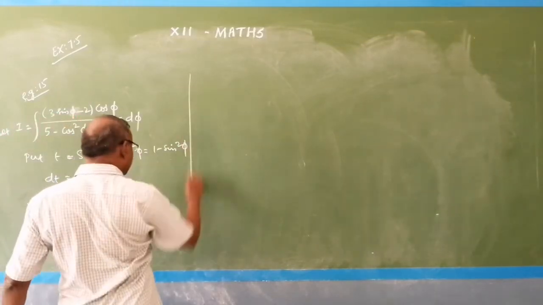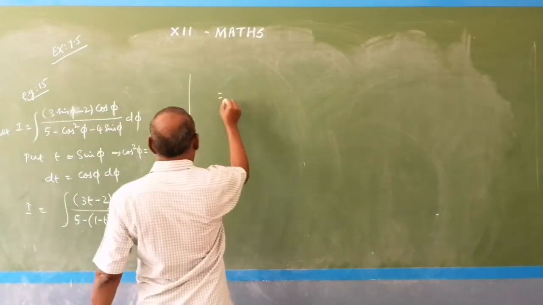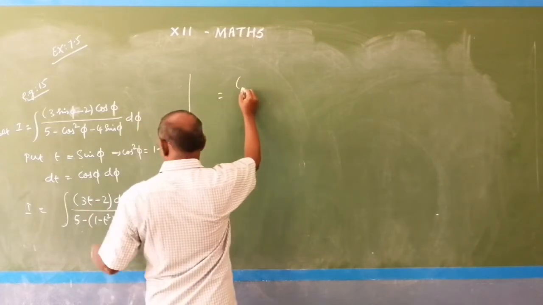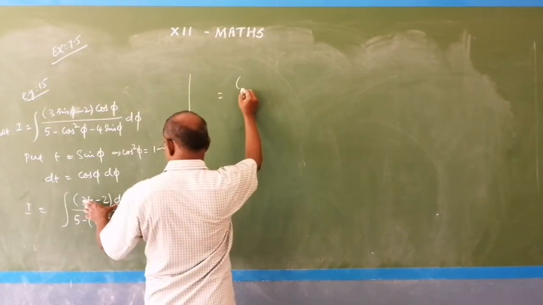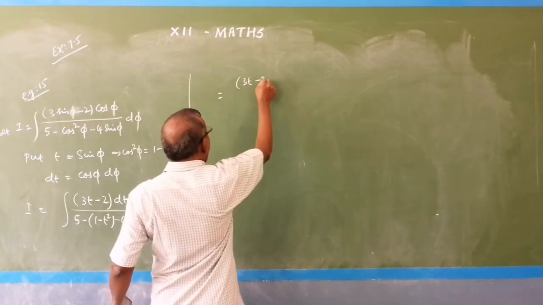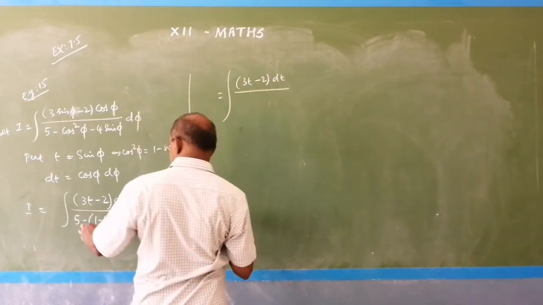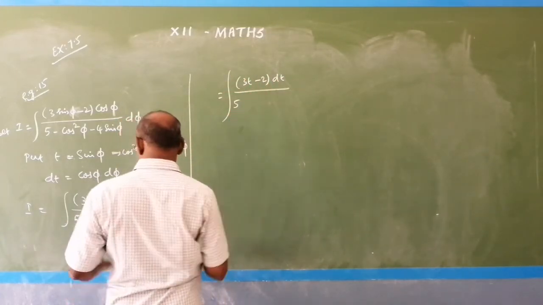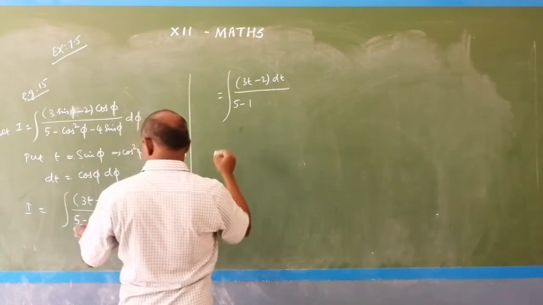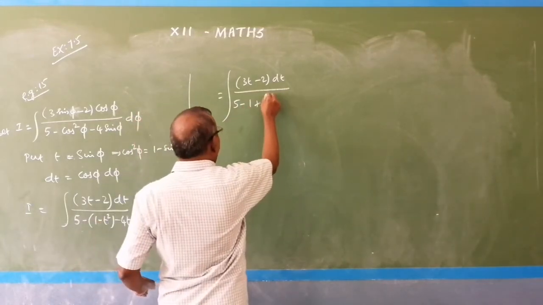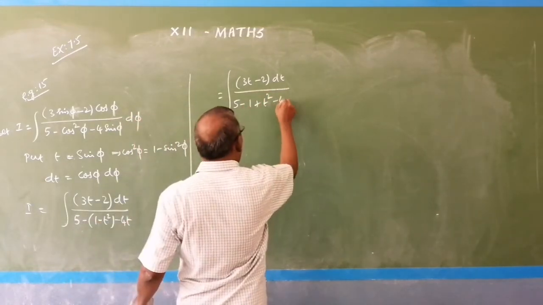Further simplifying this, we have the integral. The numerator can be kept as it is, that is (3t minus 2) dt. The denominator is 5 minus 1 plus t square minus 4t.